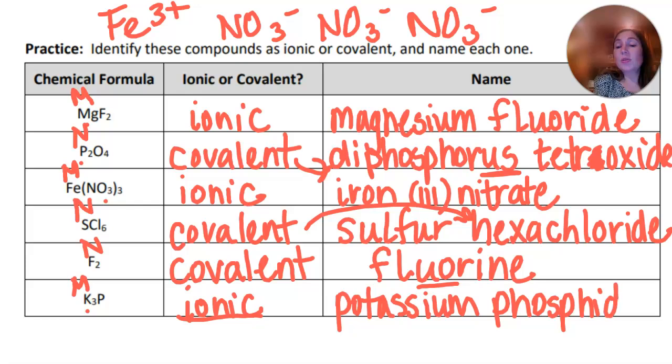It can be tempting once you learn those prefixes to want to throw them around everywhere, but prefixes are only for covalent. We've got our hands full with ionic. We might have to have Roman numerals on that transition metal. We have a lot of polyatomic ions, so we have enough to remember there as it is. Okay, so that concludes our practice here.